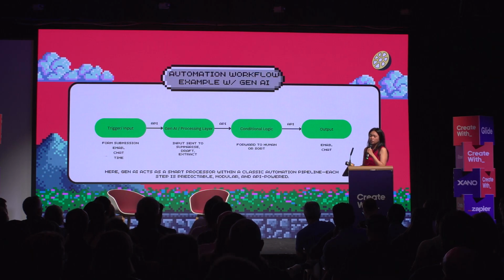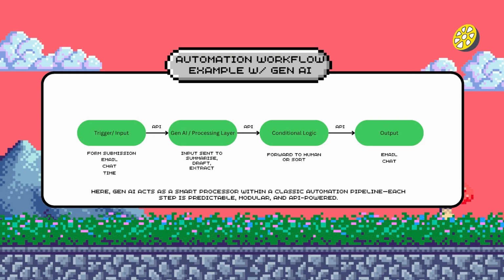This is an example of an automation workflow framework where, using an LLM, so it still has generative AI in it, let's say someone has inputted or completed a form or initiated a chat. That is our trigger, and via an API, an LLM processes it, understands it, and then puts together, based on how it's designed, a summary or an answer.